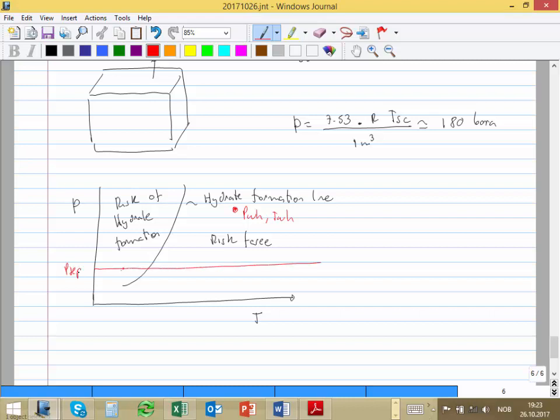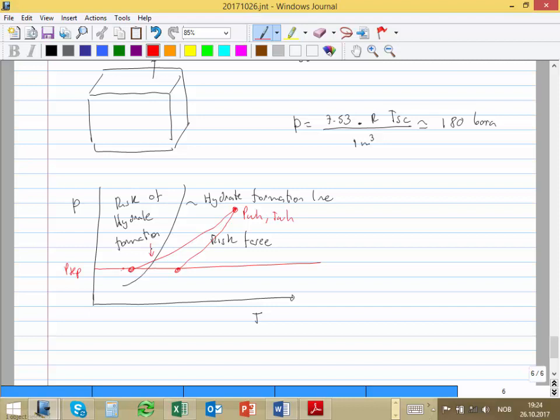If I have a very well insulated pipe, it's going to end up here, fine, no problem. But if I have a poorly insulated pipe, it's going to end up here, and then I have a catastrophe, exactly when it crosses this hydrate line.